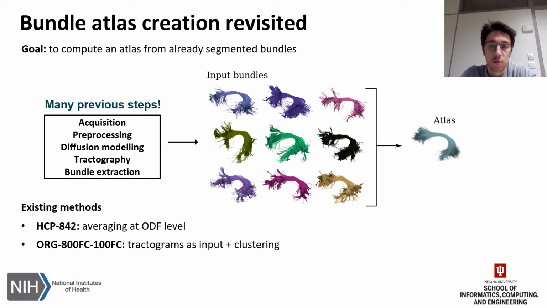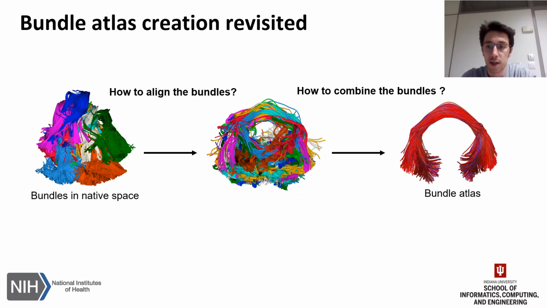The first approach works at ODF level, so it doesn't work with streamlines directly. And the second approach was developed to work with tractograms. So they don't really answer the question we are trying to address here. And that's why we started to think about this problem, and we started to think, how can we create an atlas from already segmented bundles? How can we combine those bundles?